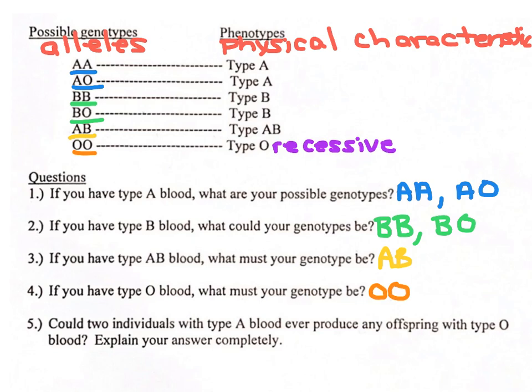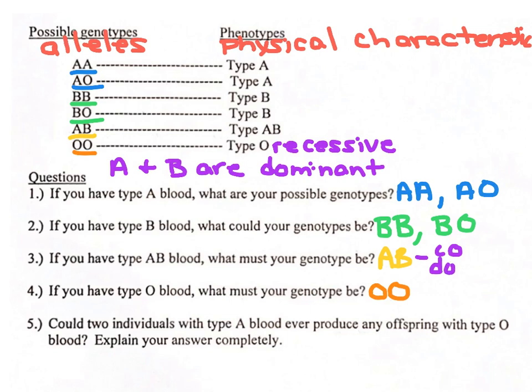And that makes A dominant and B dominant, because whenever they are present, they mask the O. But then we have type AB. When you have type AB, it's neither A or B. It is both of them showing up. So this is our example of codominance, where both show up.